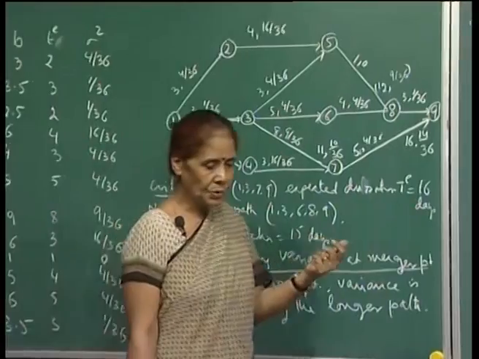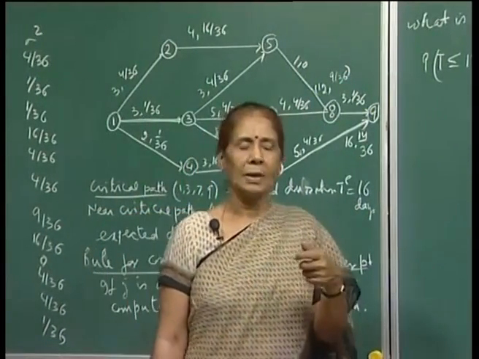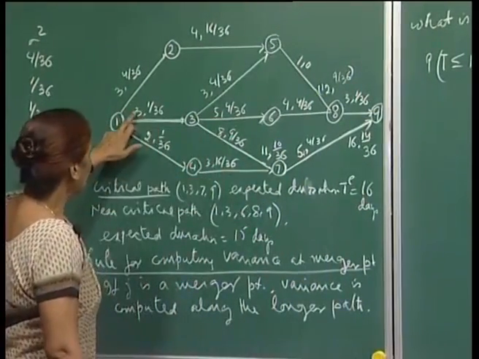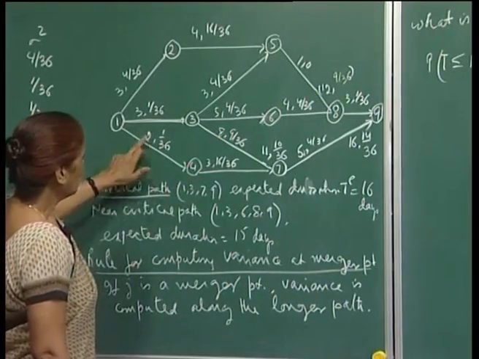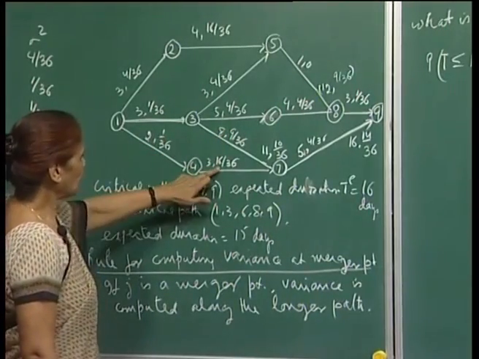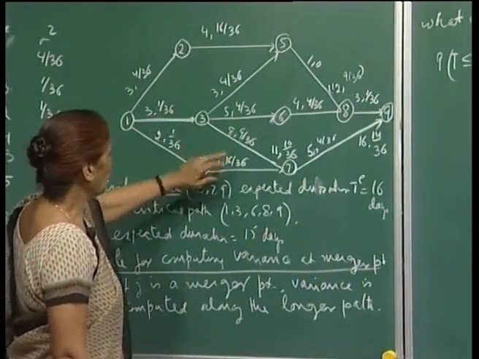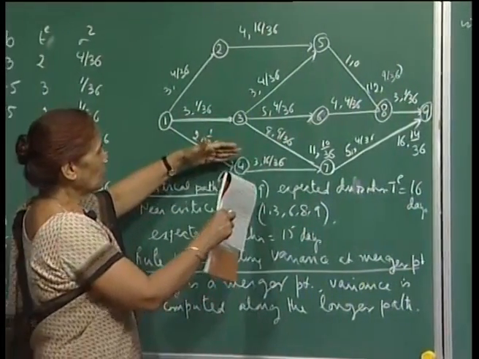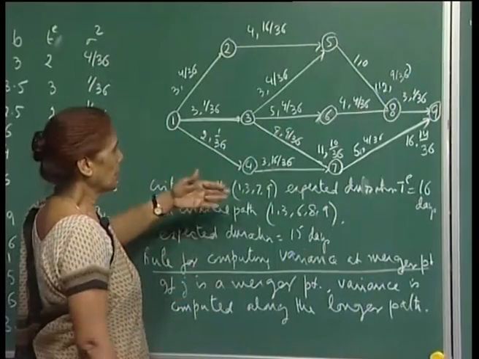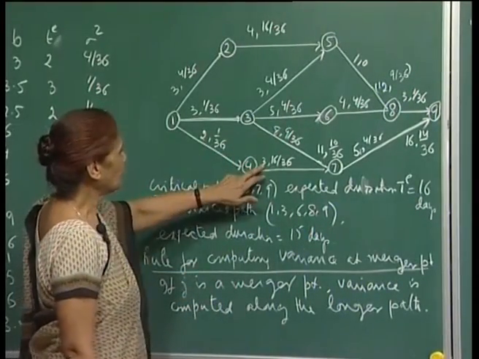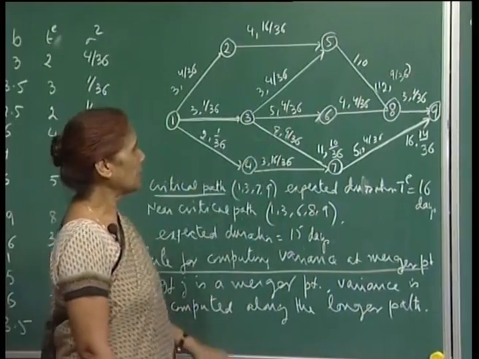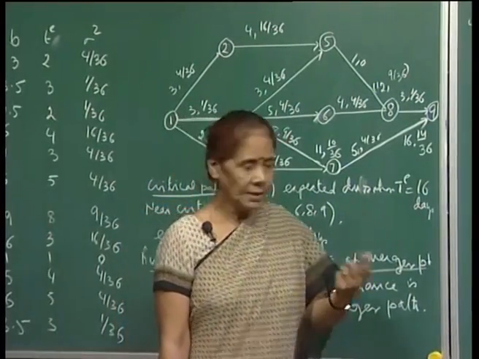Otherwise, you always compute the variance along the longer path. At 7, this path length is 11 and the other is only 5. So even though the variance there is 17 by 36, I will go by this variance of 9, because the difference between the two path lengths is significant: only 5 days, whereas here it is 11 days. That is the rule.